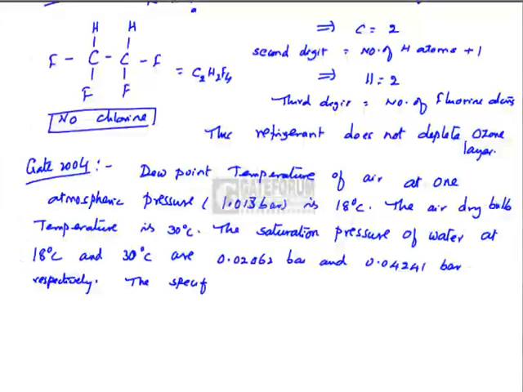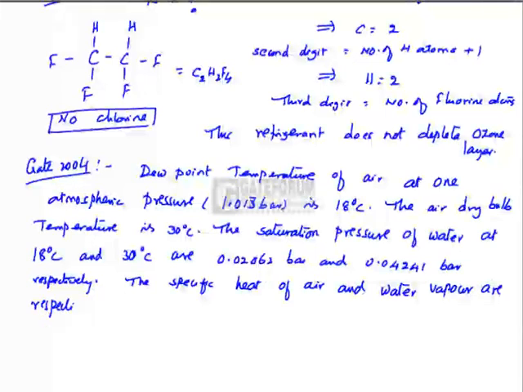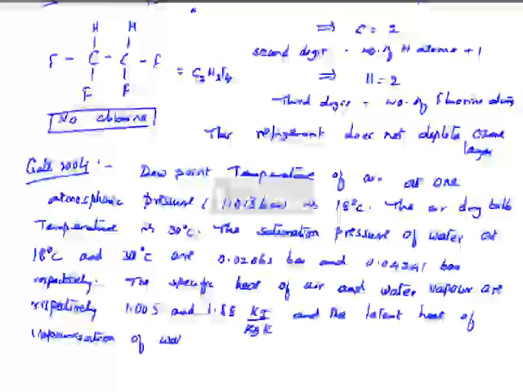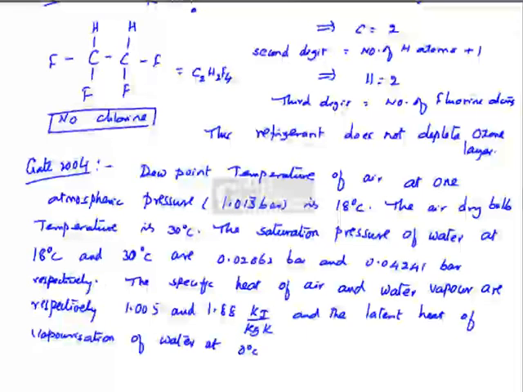The specific heats of air and water vapor are respectively 1.005 and 1.88 kilojoule per kg Kelvin, and the latent heat of vaporization of water at 0 degree centigrade is 2500 kilojoule per kg.